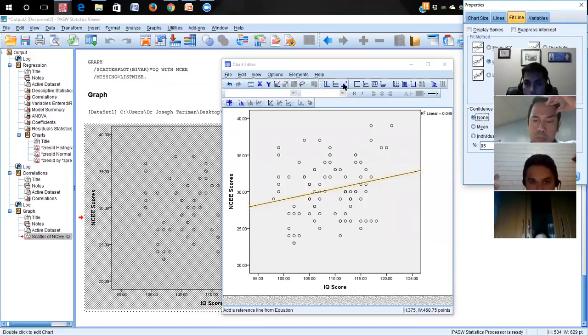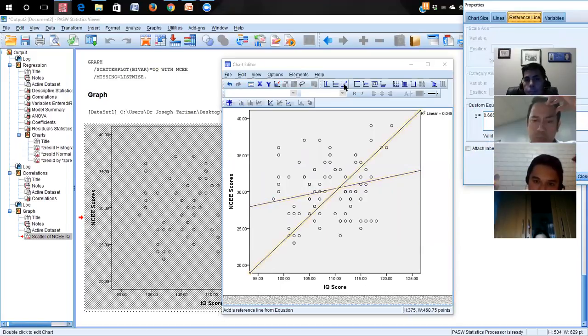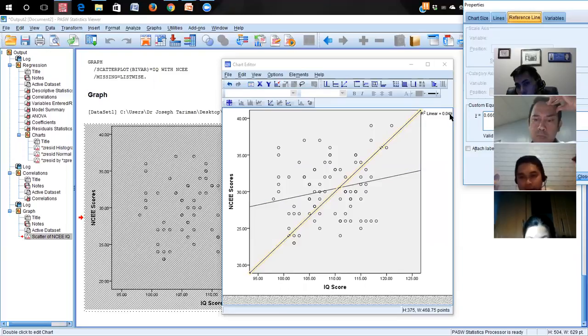Another thing that we can do is this. This is our correlation, and this is our R squared, which tells you that it only accounts for 4.9% of the shared variance between your independent variable, which is your x-axis, and your dependent variable, which is your y-axis, the NCEE.